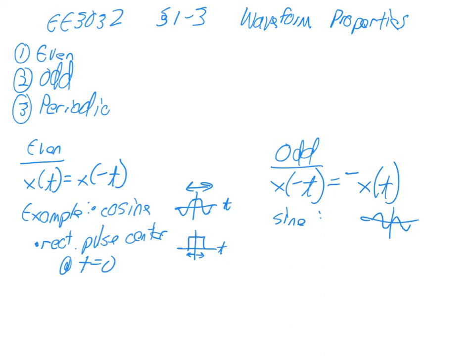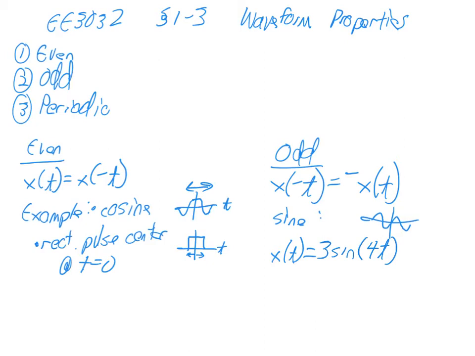For example, if I have x of t, and this is a sine wave with no phase shift, say x of t is 3 sine of 4t, then I want to know, given that signal, is it even, odd, or neither? That's a possibility also, that a signal might be neither even nor odd.